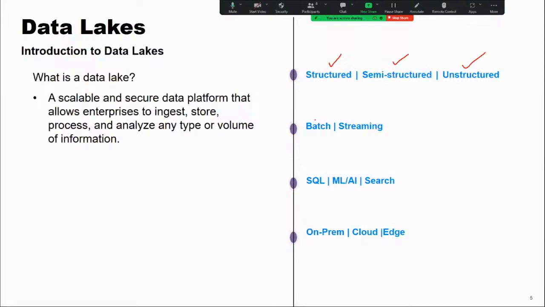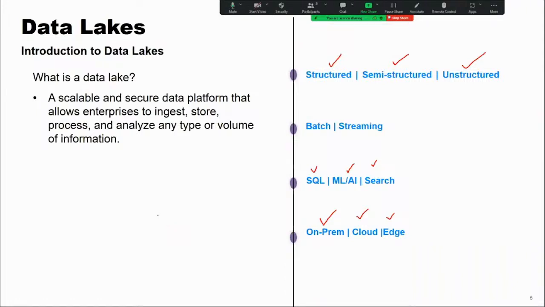We can store batch data or streaming data. It should be able to support SQL, ML, and searching. We can store on-prem data and cloud data. So it is a scalable and secured platform to store and retrieve the data for further analysis or processing purposes. So this is what a data lake is.